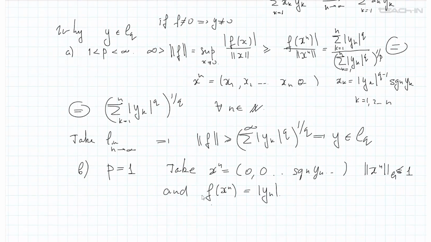And of course, f of xn is less than or equal to the norm of f. So we obtain that for any n, the absolute value of yn is at most the norm of f.